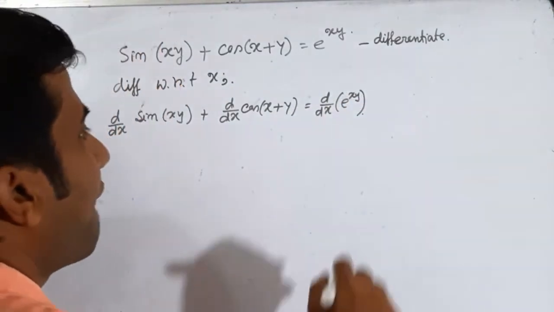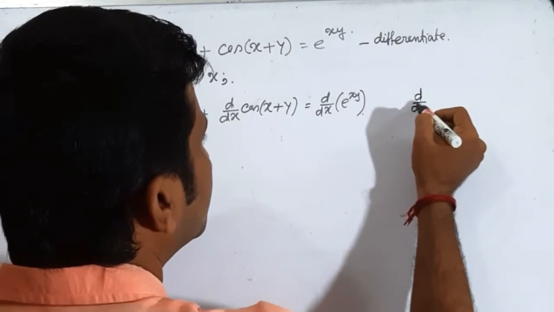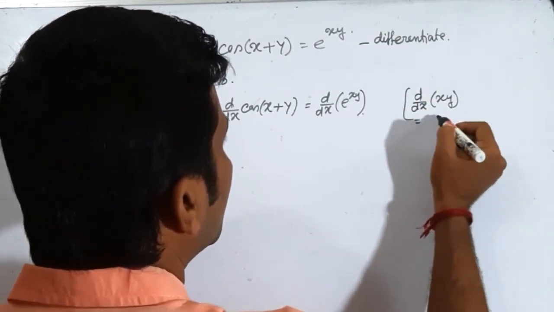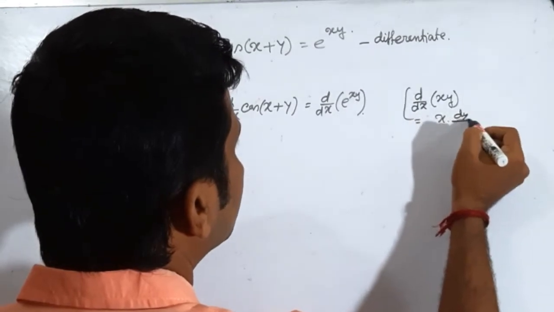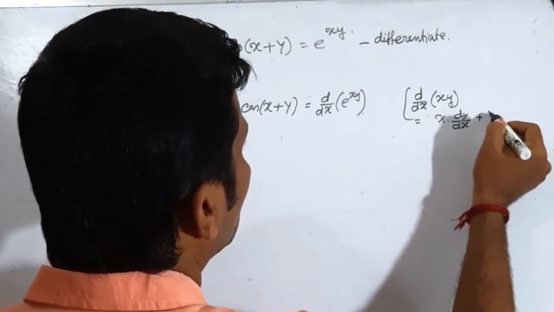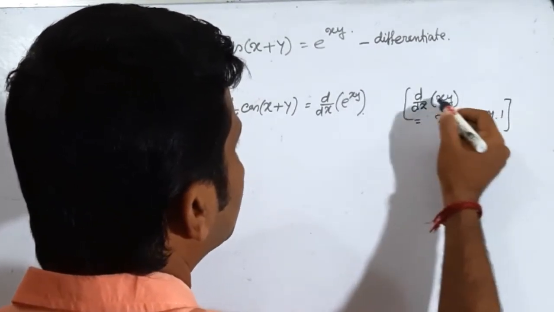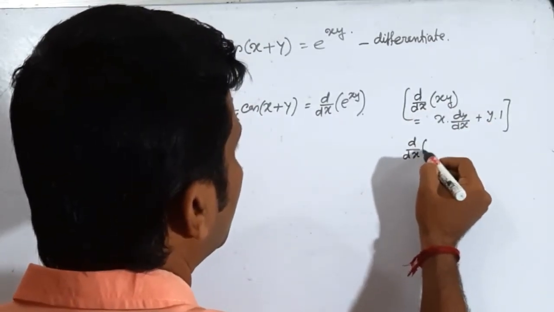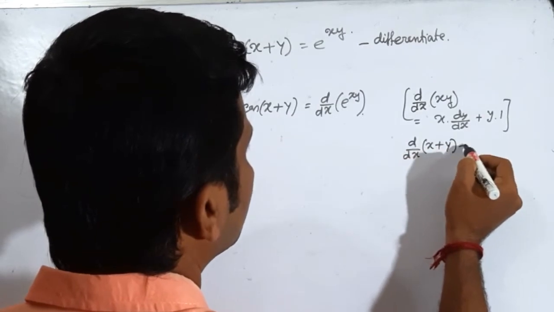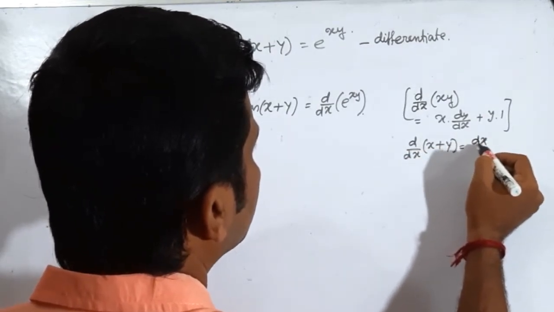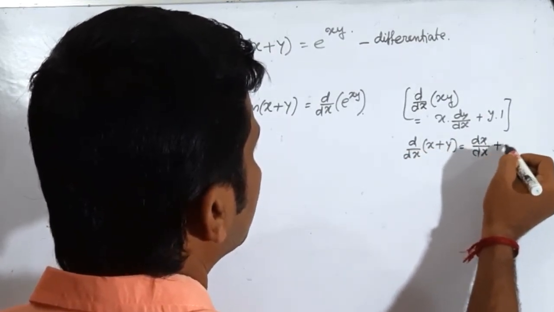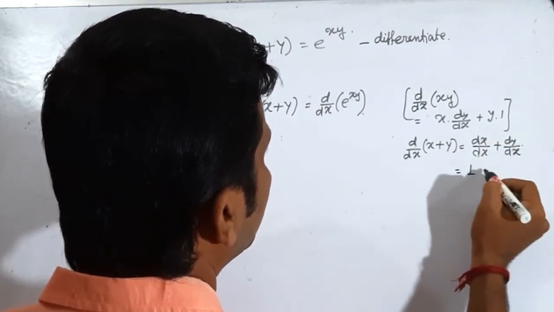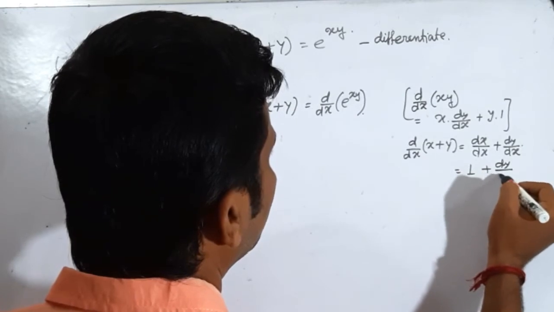We know that d/dx of xy means x into dy/dx plus y into 1. Differentiation of x is equal to 1, and d/dx of x plus y is equal to dx plus dy/dx. That means 1 plus dy/dx.